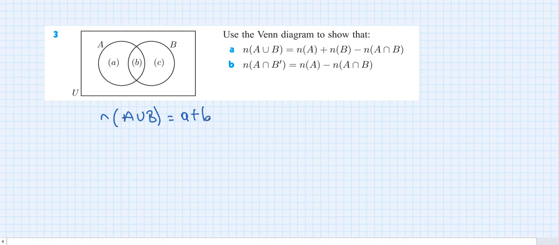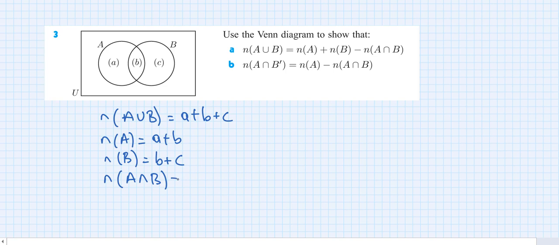Just add the numbers A plus B plus C. And the number of elements in set A will be A plus B. The number of elements in set B is B plus C. And the number of their intersection will be just B.